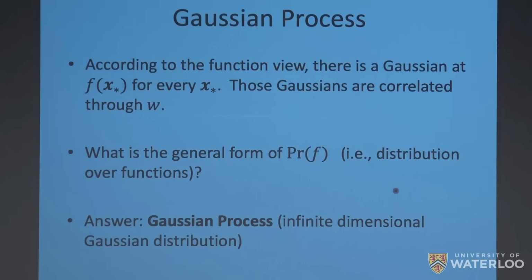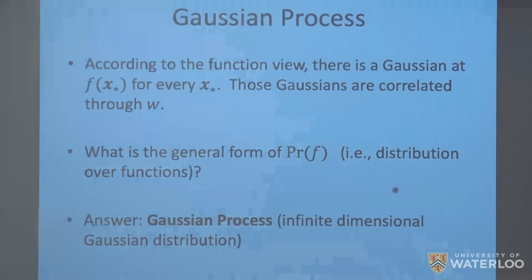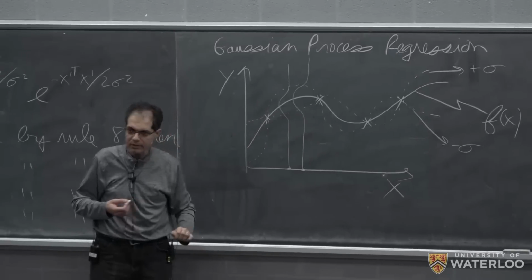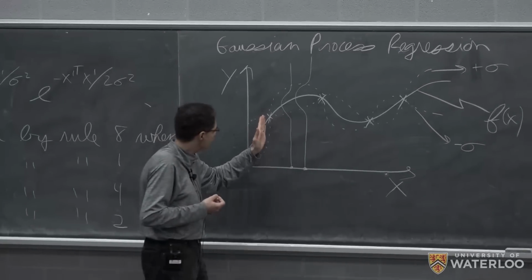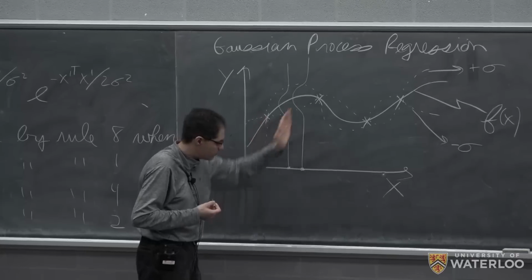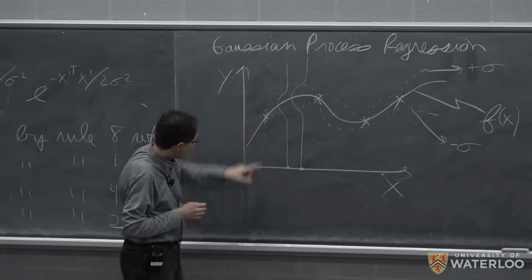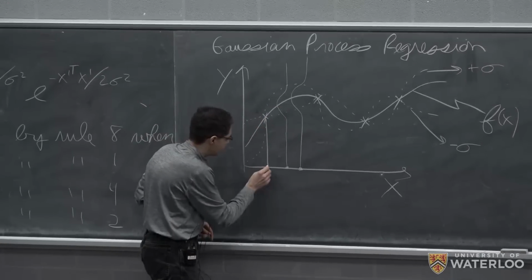Okay, so again, if I go back to the board, you see, if I observe a point, and I know the function must go through this point, now because all of the Gaussian distributions for all of the outputs are correlated, it is natural that you see, I've observed this point.